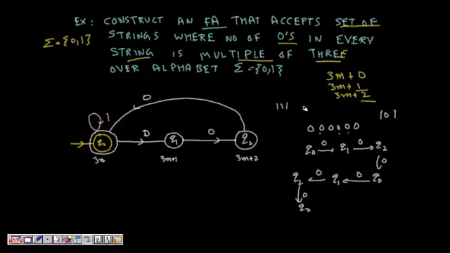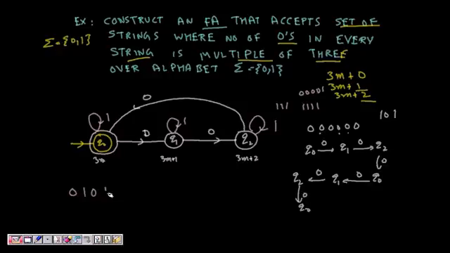If I have, let's say, 4 ones or 3m plus 1 ones, and then I see 4 zeros, I'm here, and then I see a 1, the 1 will not make a difference in the count of 0, so this will also remain in the same state. Similarly, if I'm in Q2 and see a 1, I will remain in the same state.